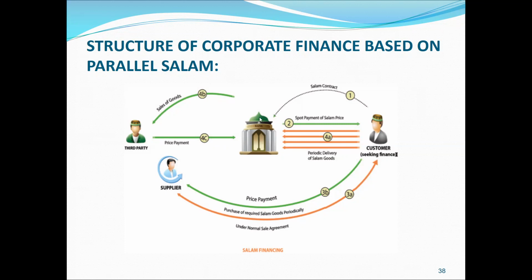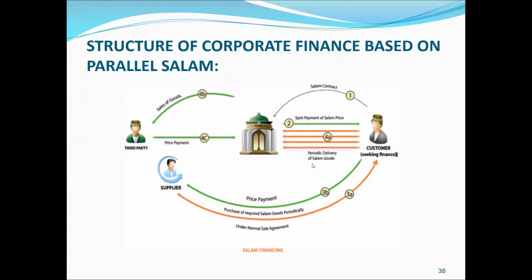So here the Islamic bank is selling the goods to the third party. We can see there are four parties involved. The Islamic bank asks a customer or a partner to bring the products from abroad, like from Germany, cars or anything. Let's say cars, the Mercedes or BMW, whatever the case.